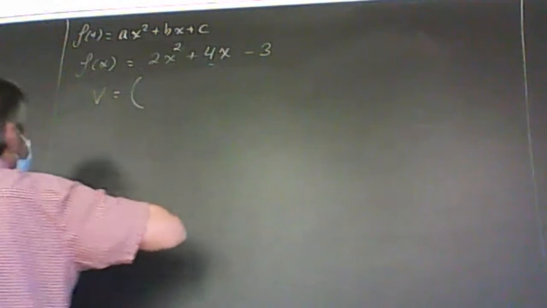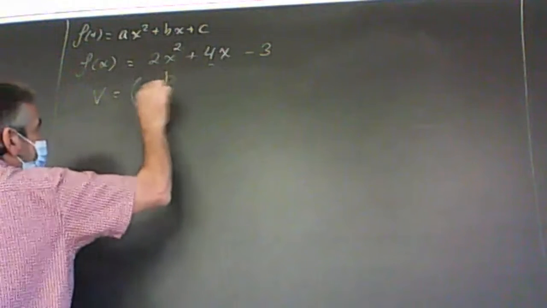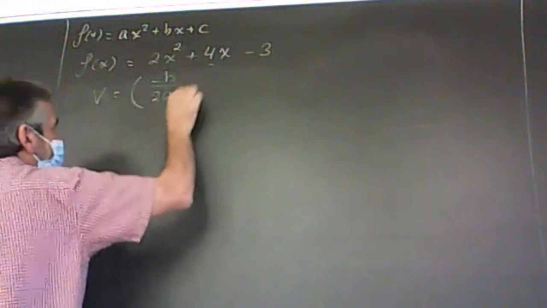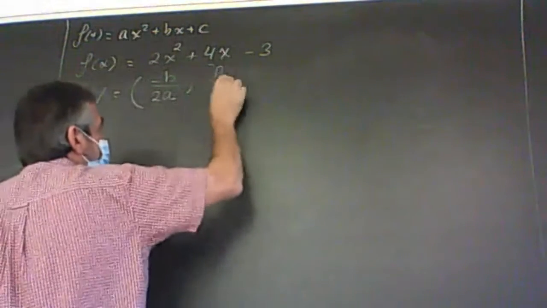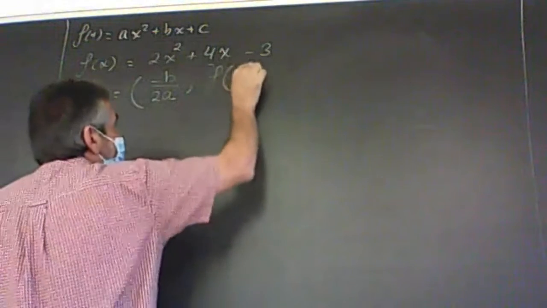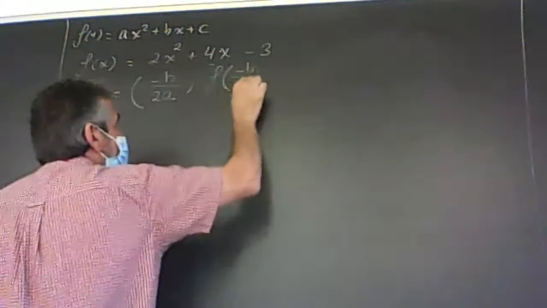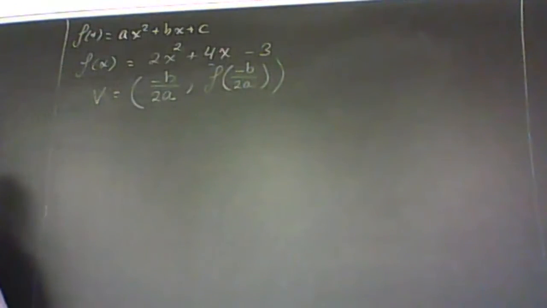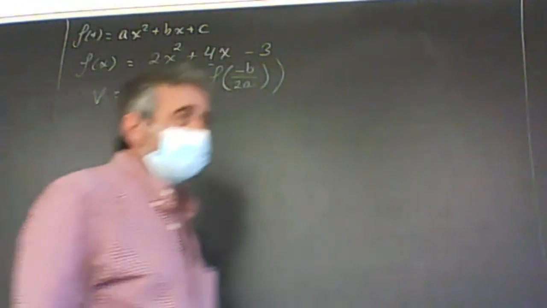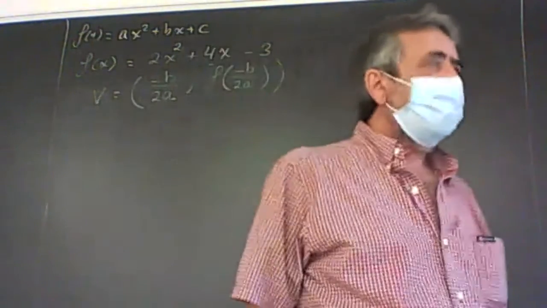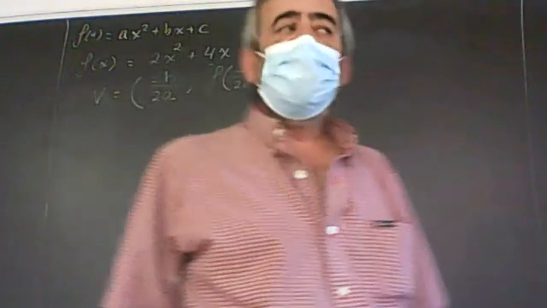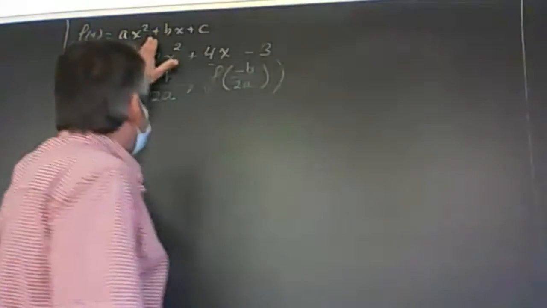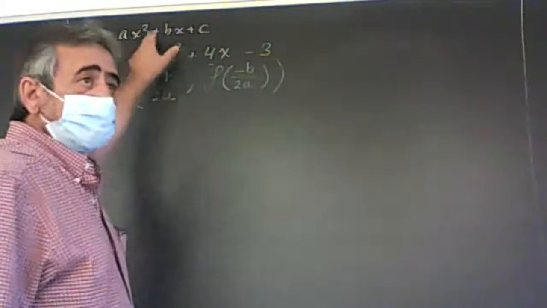The vertex of the parabola is minus b over 2a, and then the function evaluated at minus b over 2a. So this is the formula for the vertex when the parabola is given in that format.